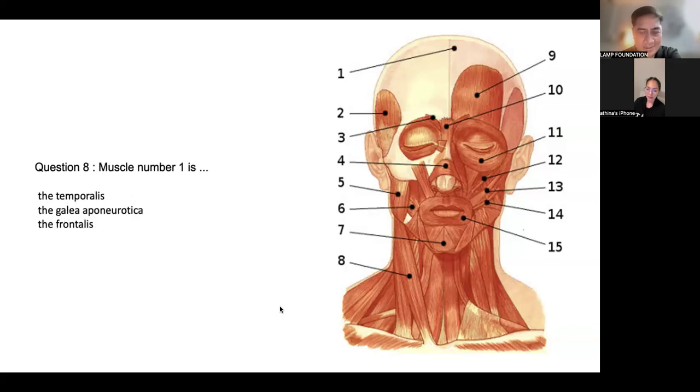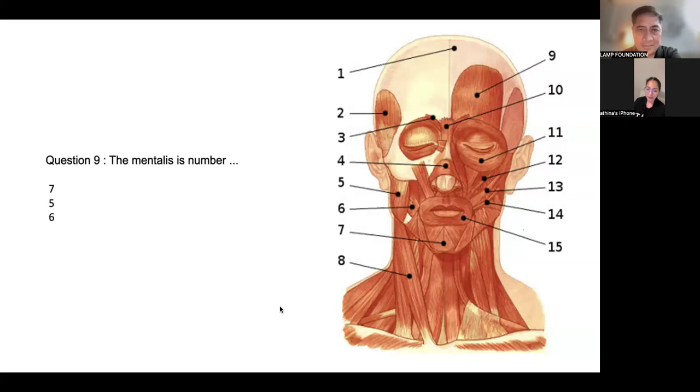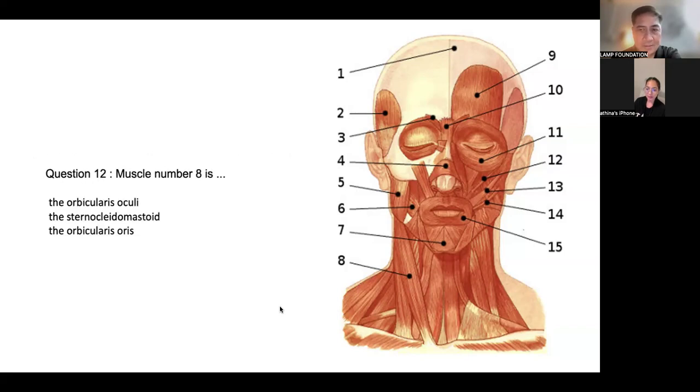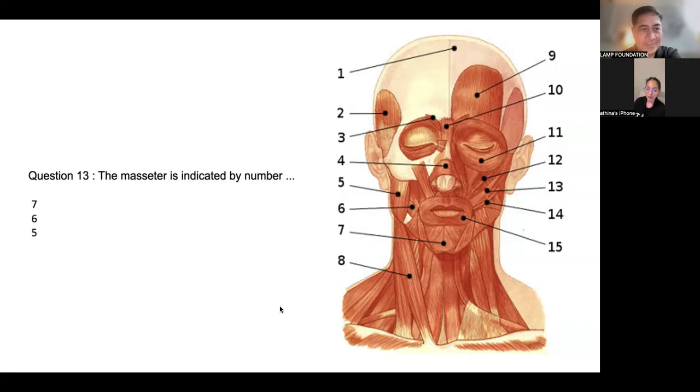Number 1, the galea aponeurotica. Mentalis, that's number 7. Corrugator supercilii, that is number 3. Risorius, that's number 14. Number 8, the sternocleidomastoid. Masseter, number 5.